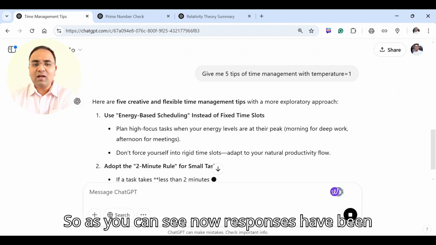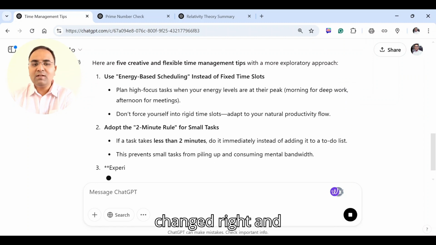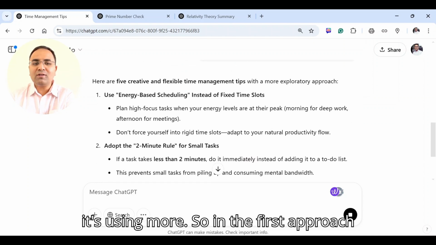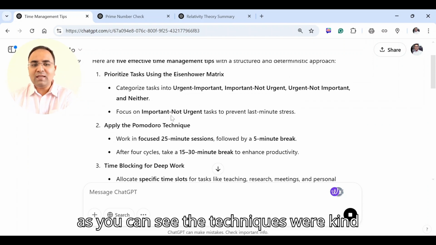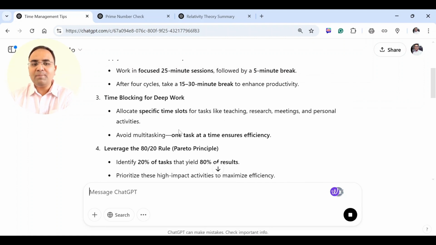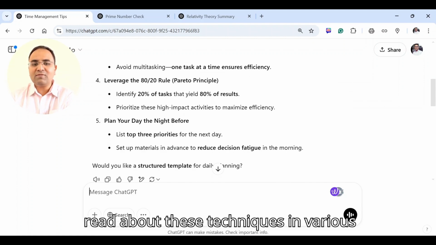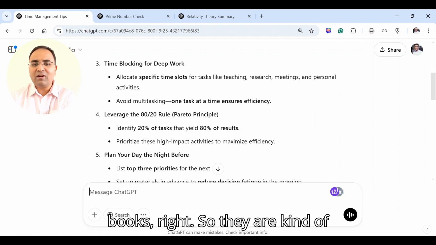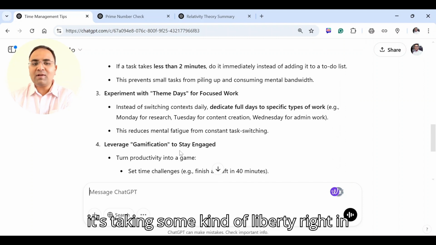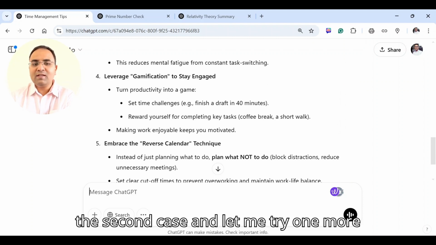As you can see, now the responses have changed, right? In the first approach, the techniques were more famous ones, and one could read about these techniques in various books. They are traditional techniques, whereas now it's taking some liberty in the second case.